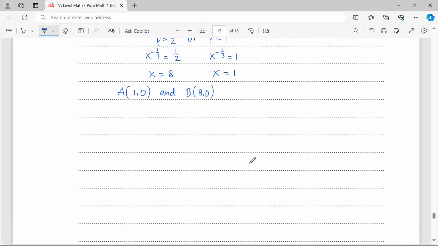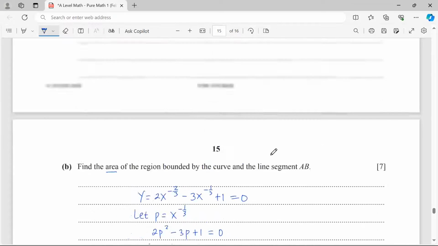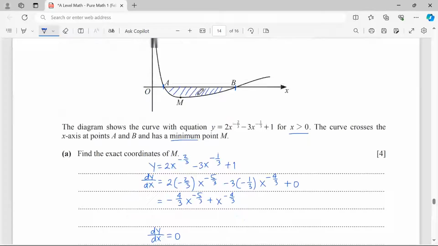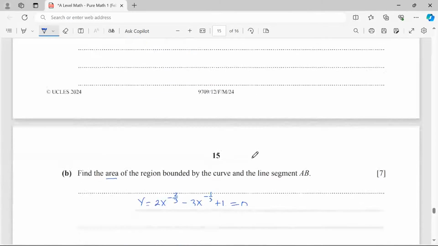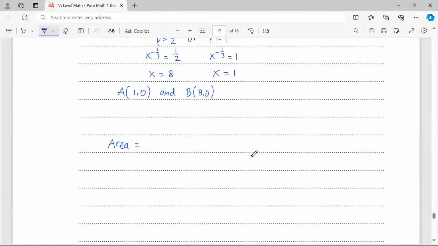Okay, now we can find the area using integration. Notice that the area is actually below the x-axis. So if the area is below the x-axis, you need to put a negative sign in front of the integral in order to make the result positive.